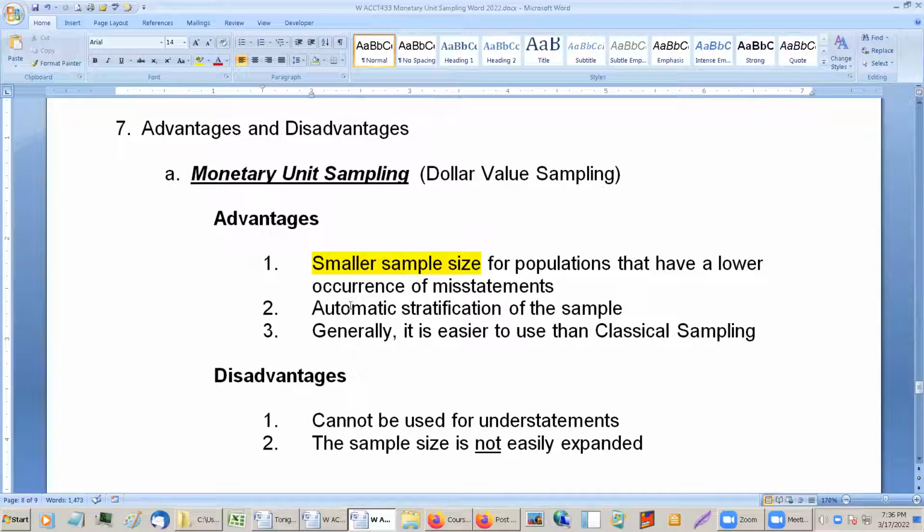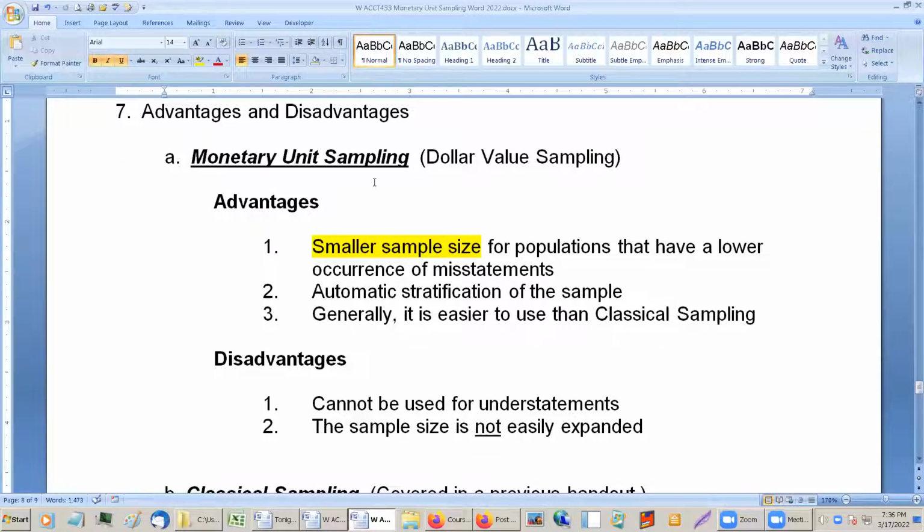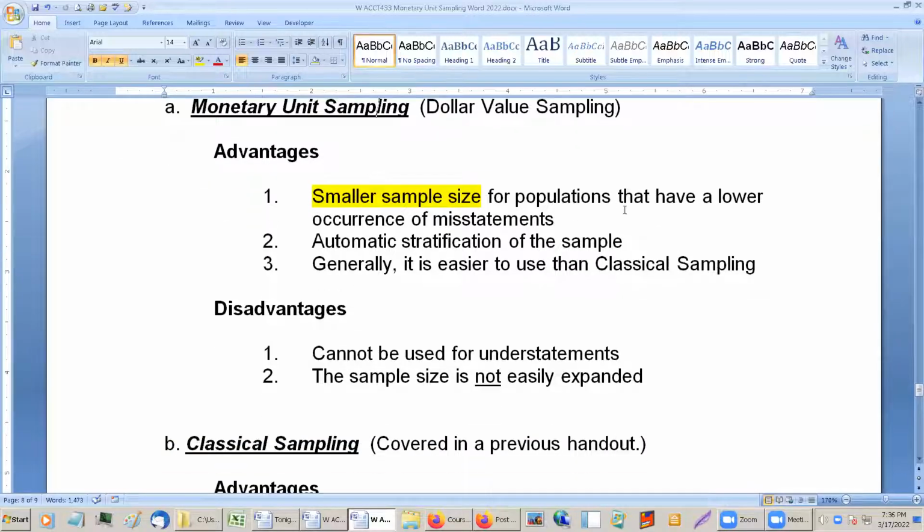It reduces the cost. Now, it only works though if there's a lower occurrence of misstatements. So if there's not too many of them, this way works out pretty well.